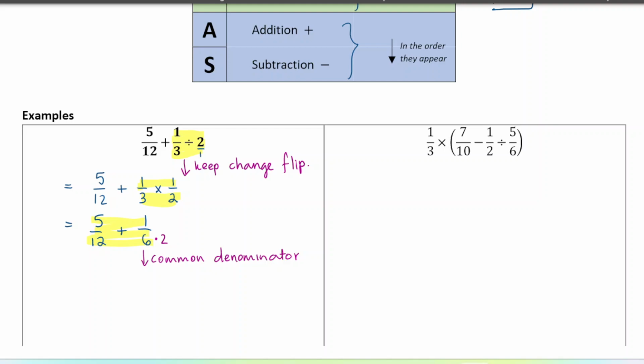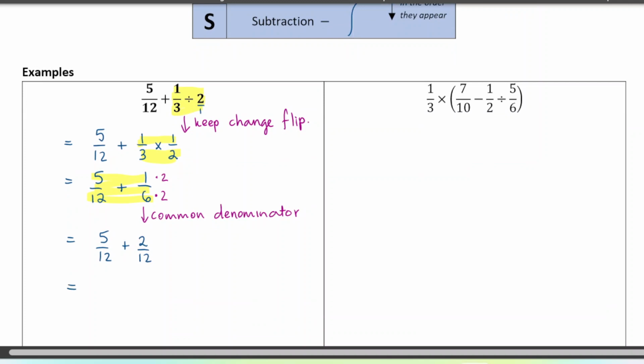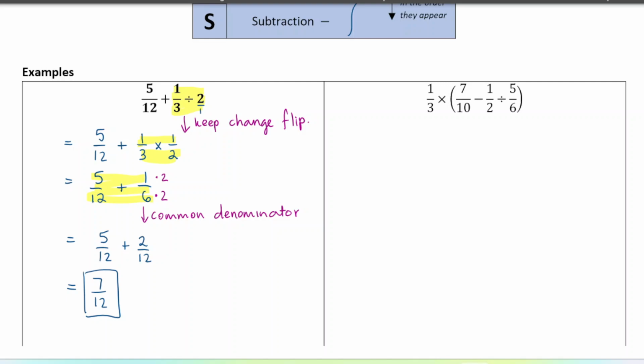I multiply 6 by 2 and I get 12, so I convert that second fraction. It becomes 5 over 12 plus 2 over 12. Now I can add them together and I get 7 over 12. That's my final answer, and we would box it to make it clear to the reader.